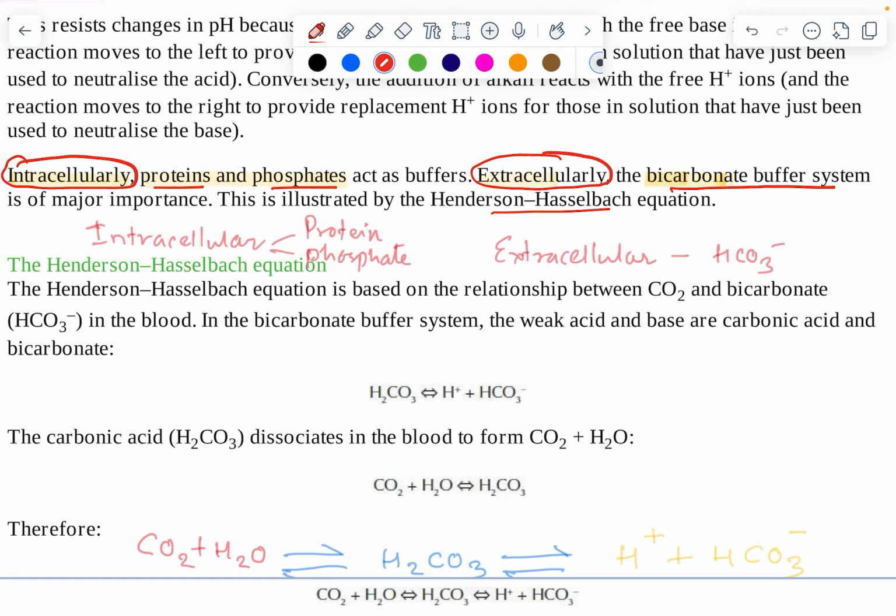What does Henderson-Hasselbalch say about carbon dioxide and bicarbonate? Carbonic acid dissociates into hydrogen ion and bicarbonate ions.